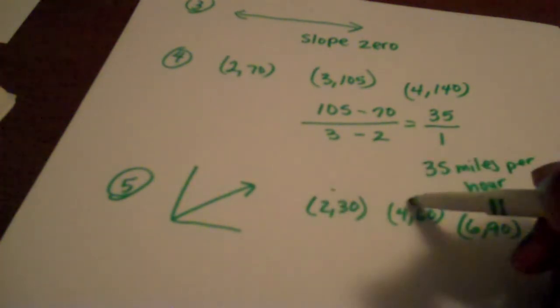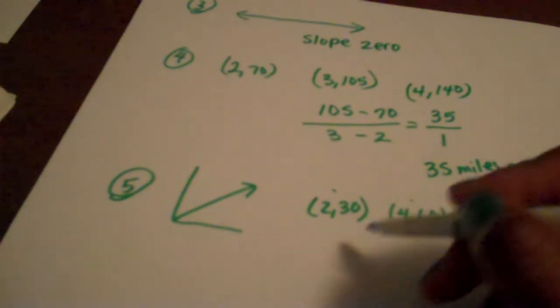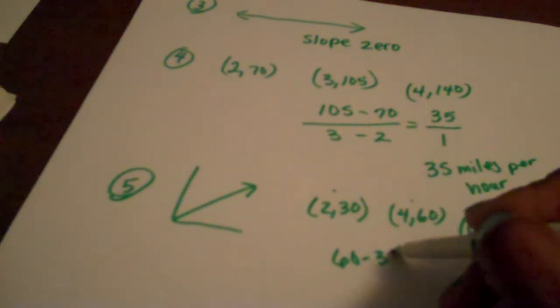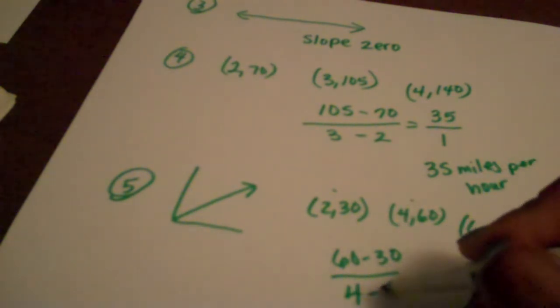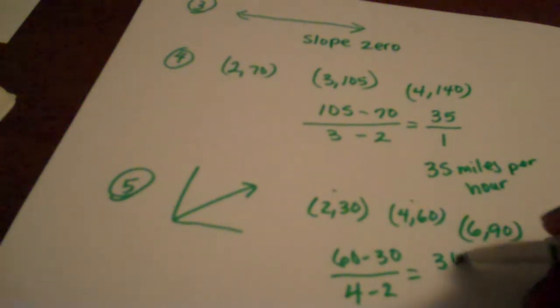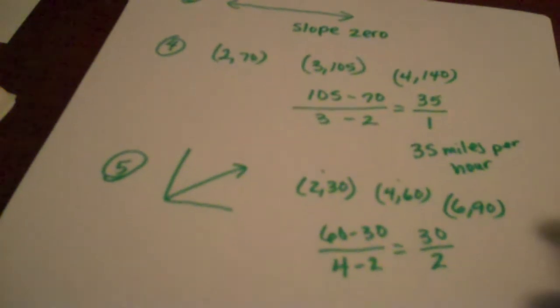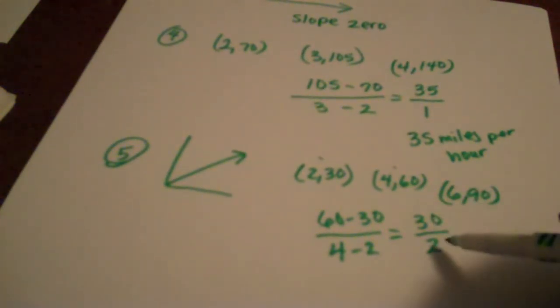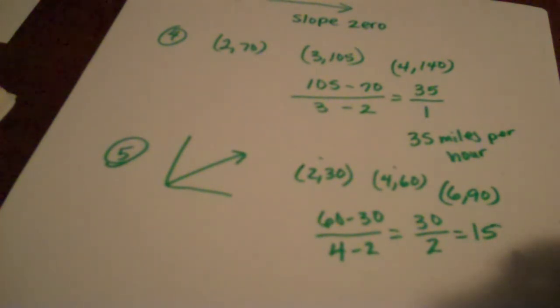So I want to choose this point and this point here, 2, 30 and 4, 60. I want to find my change in y, so I have 60 minus 30 over my change in x, 4 minus 2. Well, 60 minus 30 is 30. 4 minus 2 is 2, and I always want to simplify. 30 divided by 2 equals 15. So that now tells me that my slope, my rate of change, is 15.